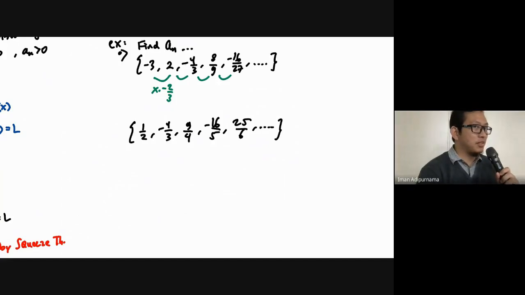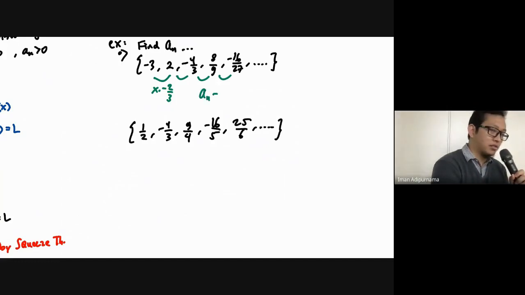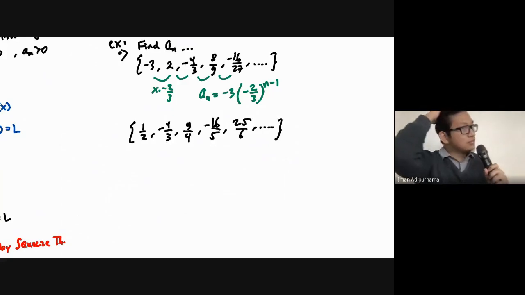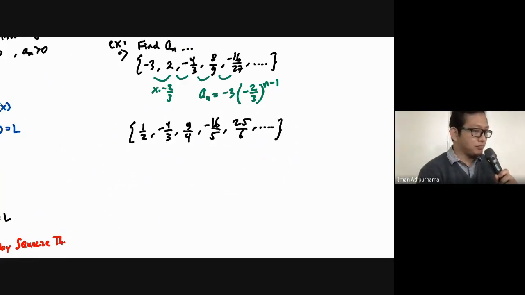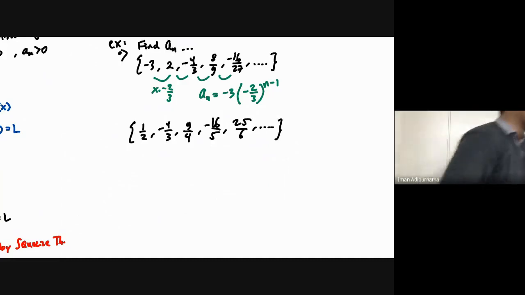If you multiply, it's correct, right? So we can write AN is negative 3 times negative 2/3 to the n-1. Or do you have any other formula? I think it's too long.